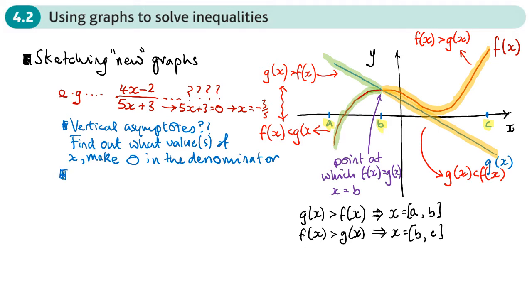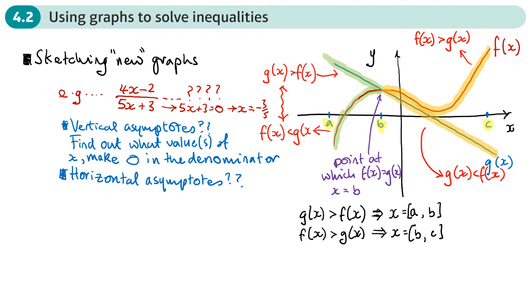The second thing is, are there any horizontal asymptotes? Now, we won't have drawn any graphs that have horizontal asymptotes up to this point, apart from the graph of 1 over x, or negative 1 over x, or 1 over something.